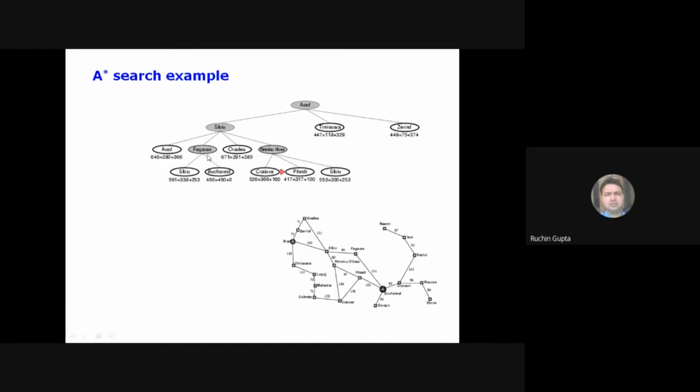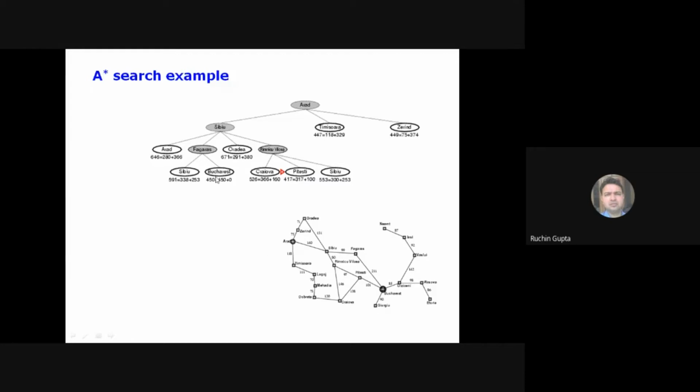So it will expand Fagaras, and the neighboring cities are Sibiu and Bucharest. So it will find the updated f(n) values 591, 450. Right. Now you see that at this time, what are the nodes available? Arad, Sibiu, Bucharest, Oradea, Craiova, Pitesti, Sibiu, Timisoara and Zerind.